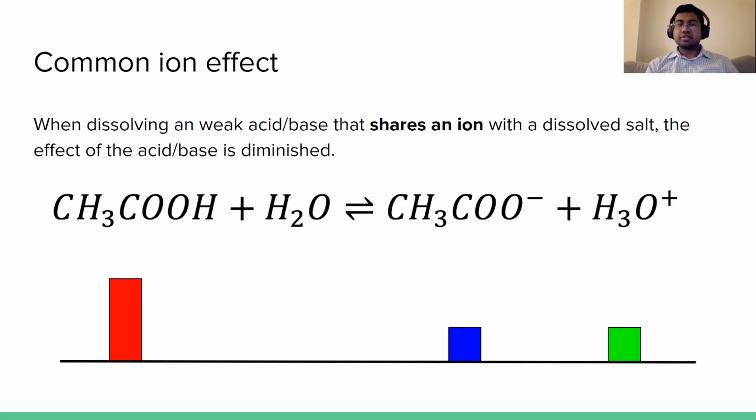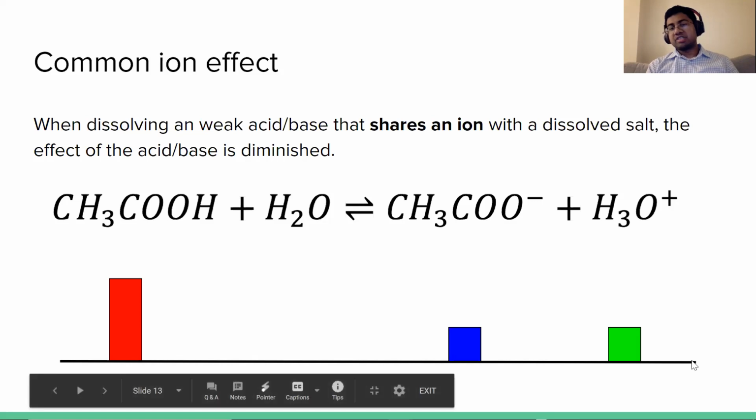So let's say we've got a system like this. We've got acetic acid dissolving in an aqueous solution, so we establish an equilibrium. Most of the acetic acid is in its undissociated form, but we've got a bit of dissociation. The source of acidity is going to be this in green, the hydronium ion concentration.